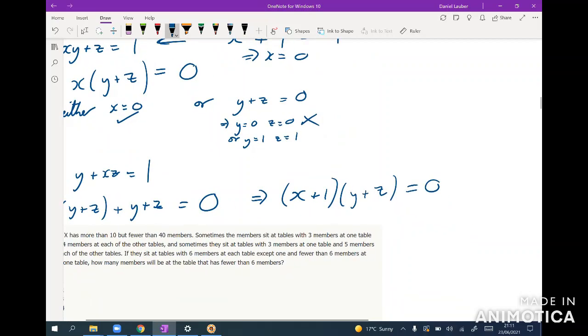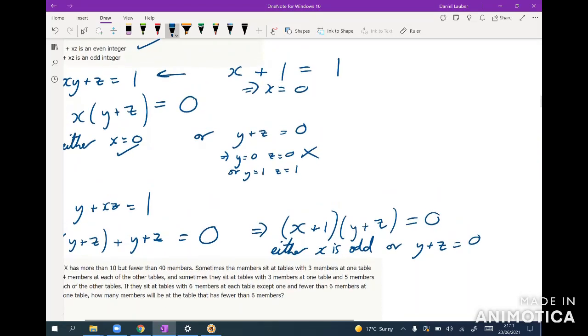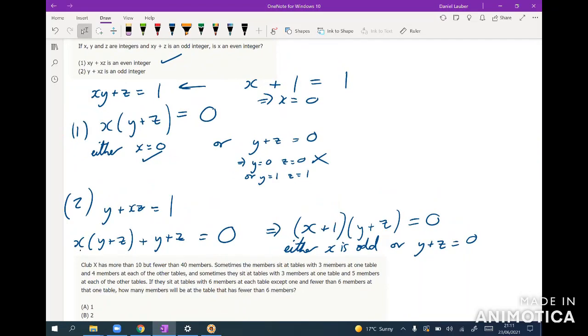So that statement tells us either x is odd, e.g. 1, or y plus z equals 0. And so that's actually not enough.